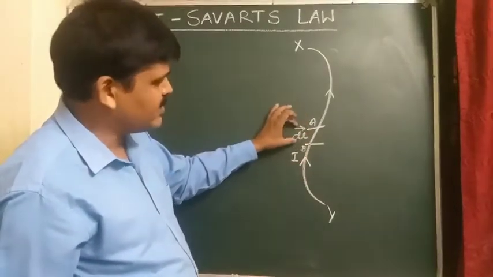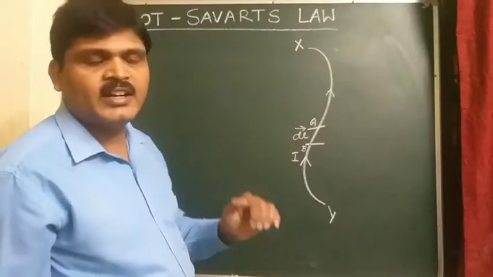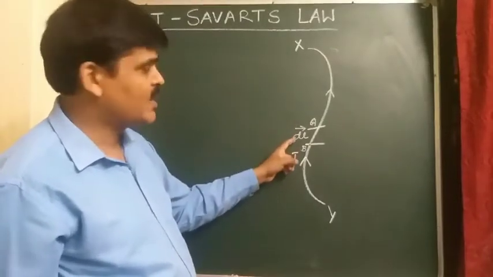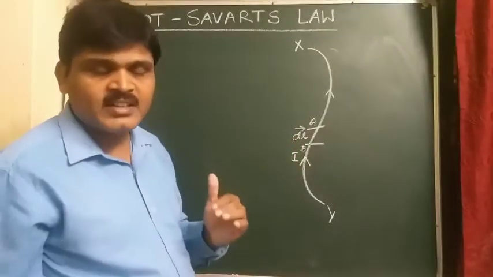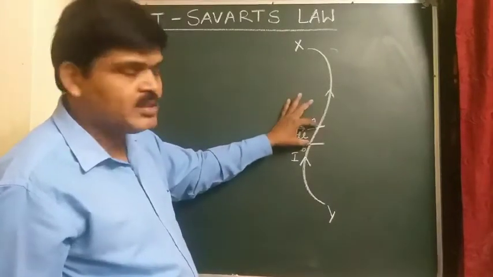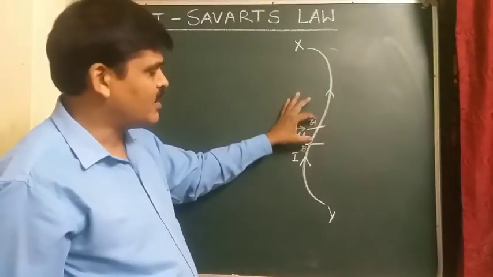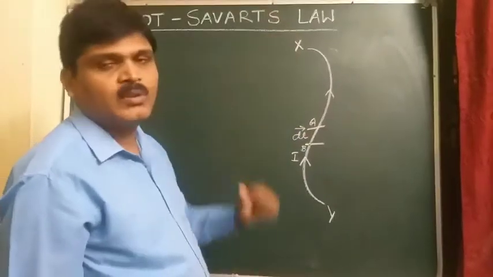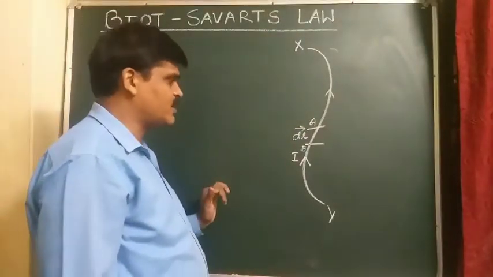So this dl vector is known as the current element vector. It is a vector and its direction is tangent to this element, or in the direction of the flow of current in the conductor.